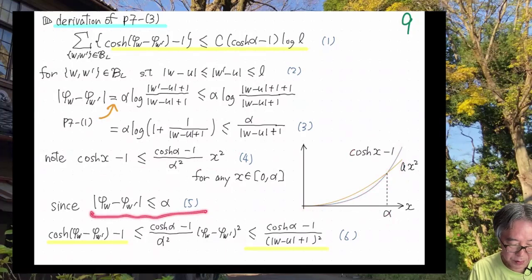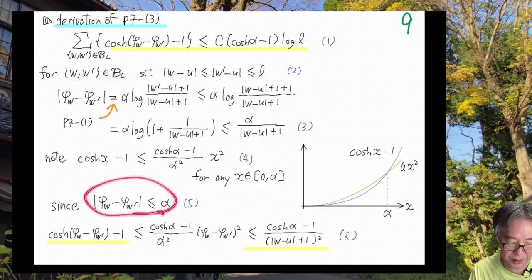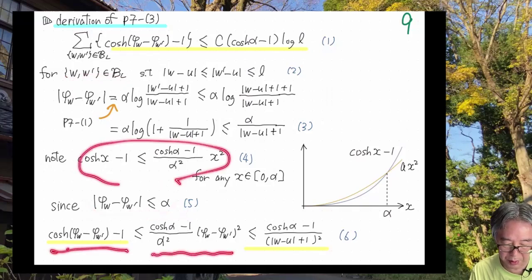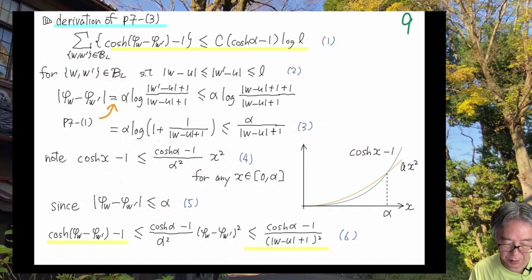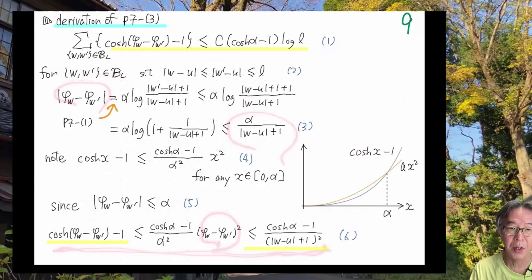Since this difference, from all this kind of consideration, you find that this difference for this nearest neighbor bounds always satisfies this. So you can use this upper bound here to write it like this, and for here I use this upper bound to estimate it like this.